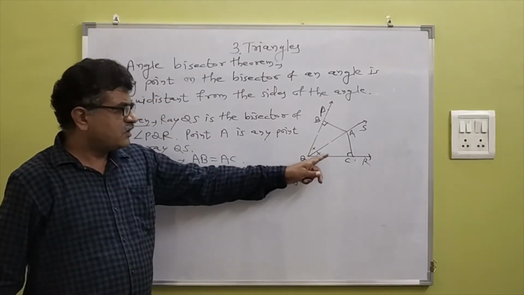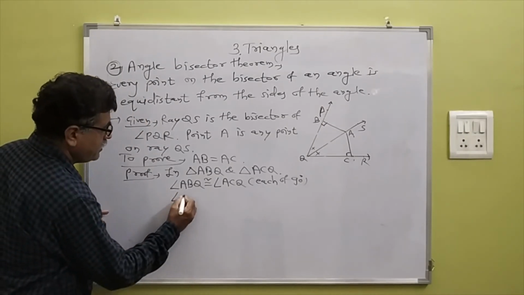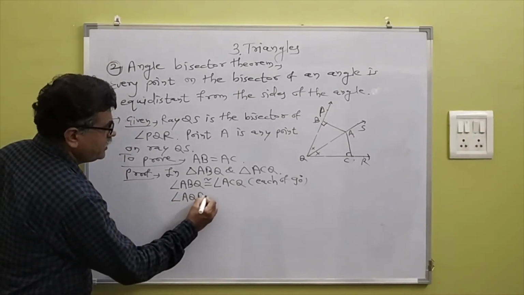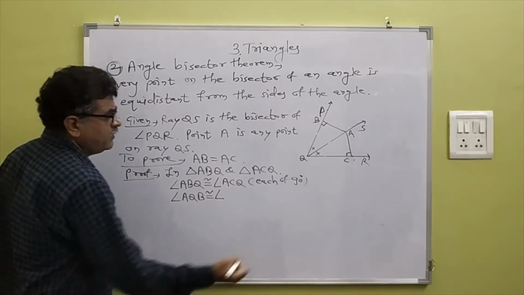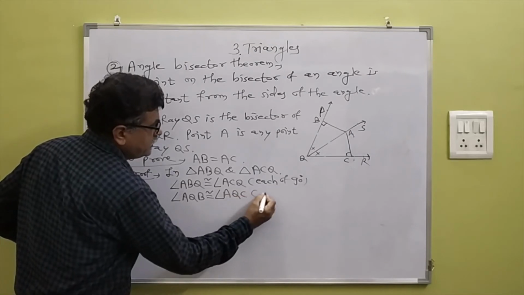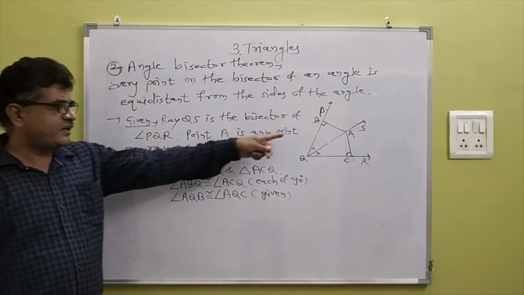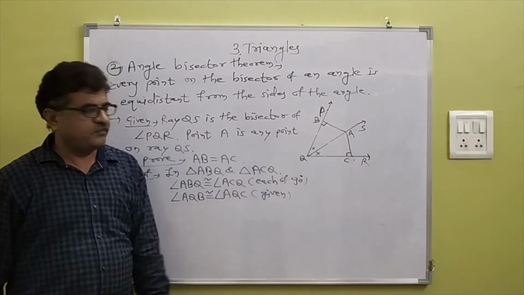These two are congruent. Angle AQB congruent to angle AQC. This is given, that is, this is bisector. Therefore, these two are congruent.